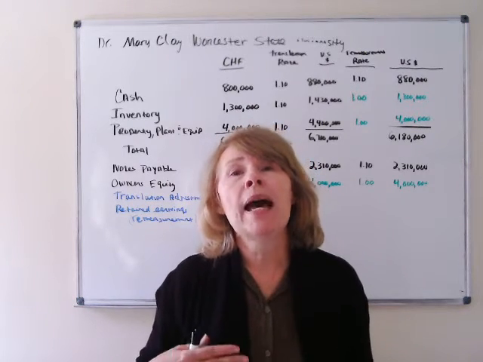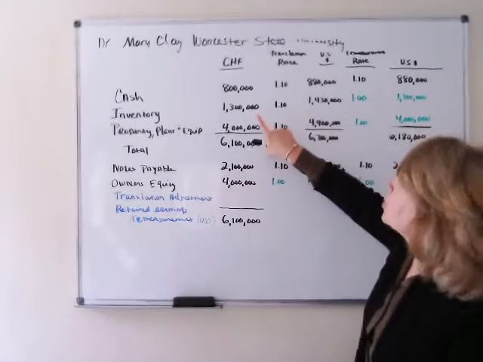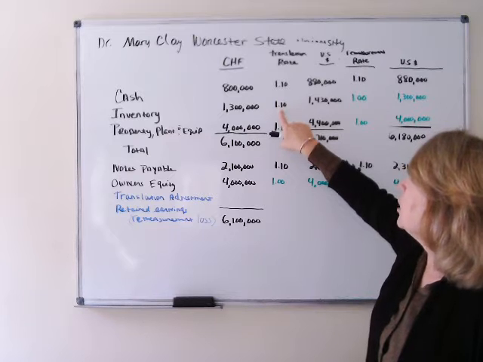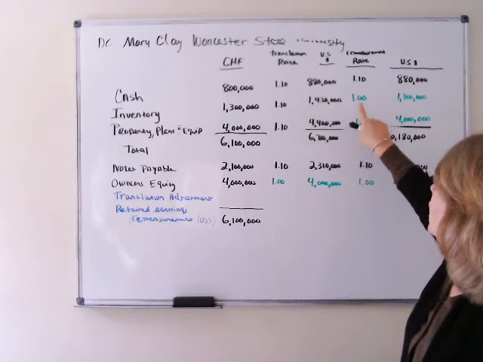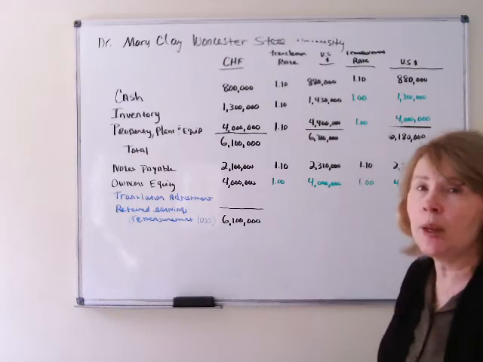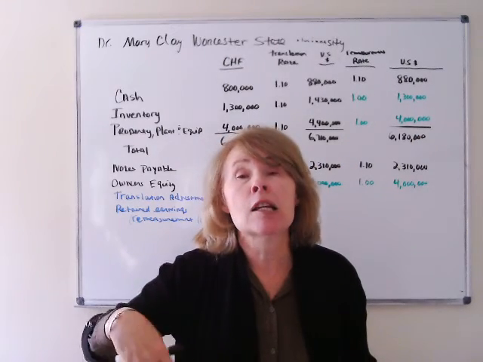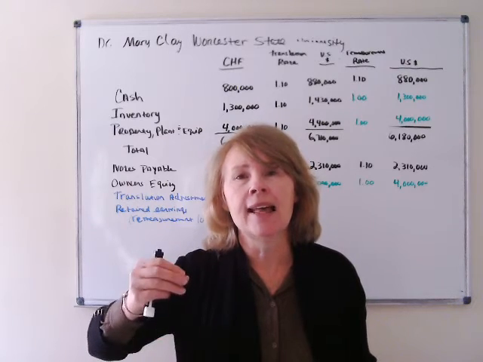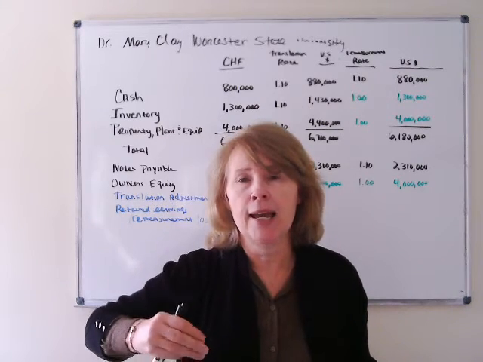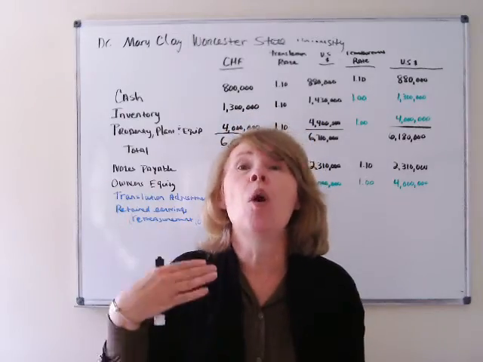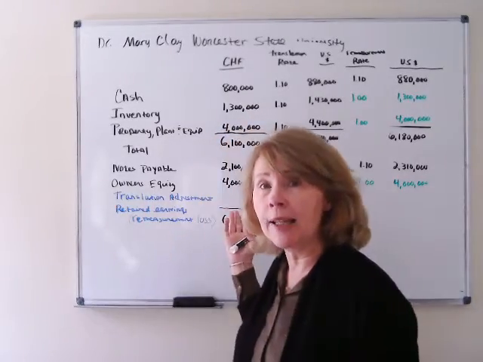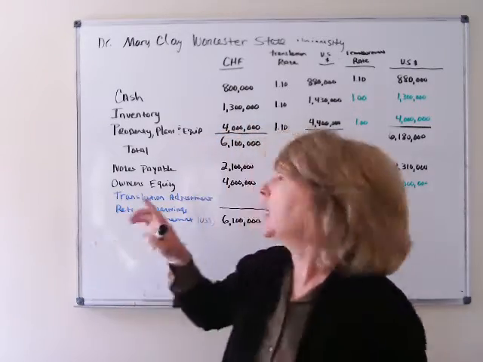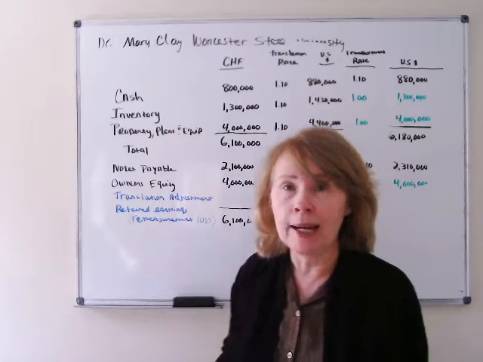So when you remeasure, for example, so notice the first part is translation. They use the spot rate, but when you remeasure inventory and property, plant, and equipment, you will use in a historical rate. So that is the rate that was in place at that particular time. Okay? It will change as they acquire more property, plant, equipment, or inventory, but for right now, you will keep that at that historical rate.